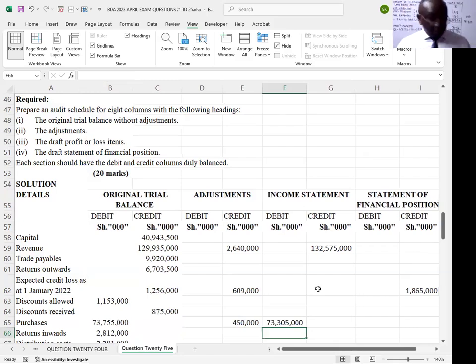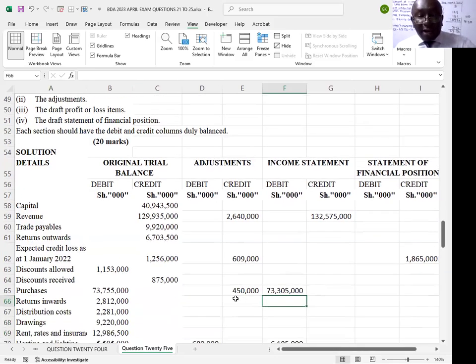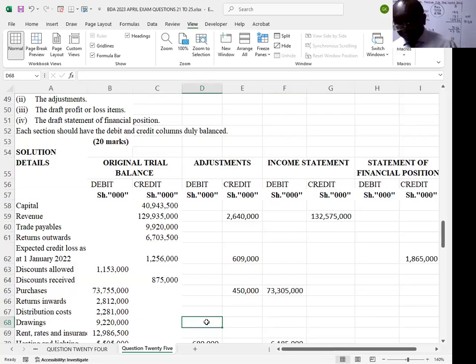Now we come and debit this in the drawings. So we increase the drawings by that amount. And that drawings, we take it now to the debit of the financial position.